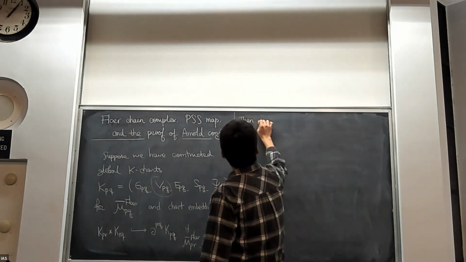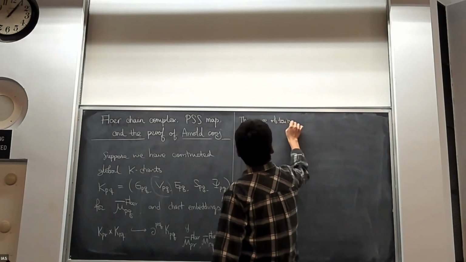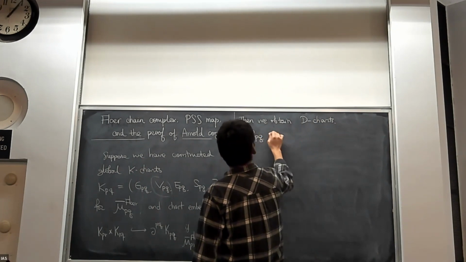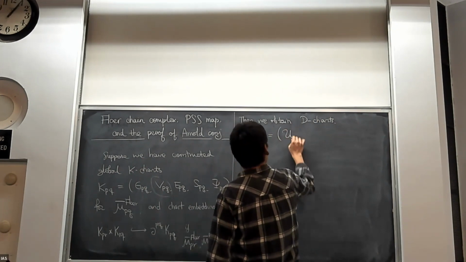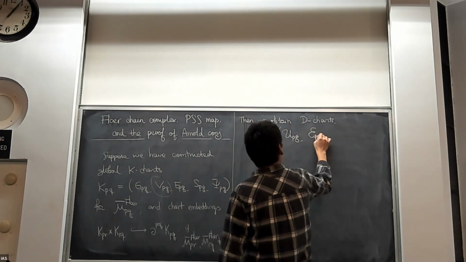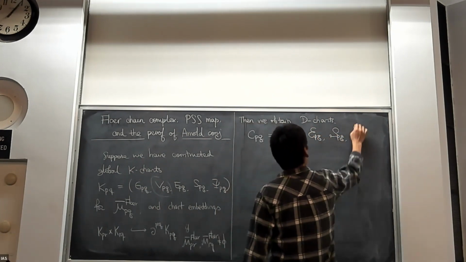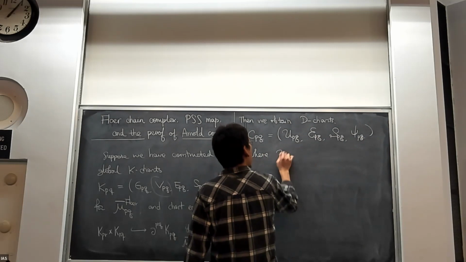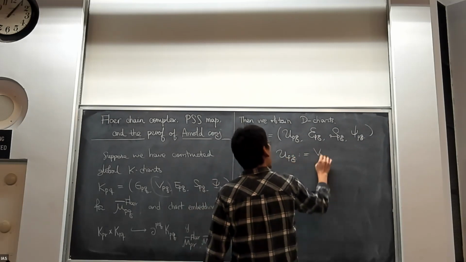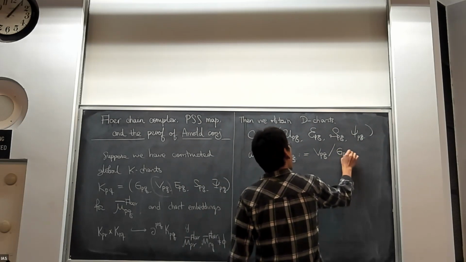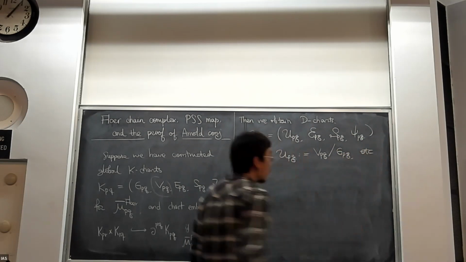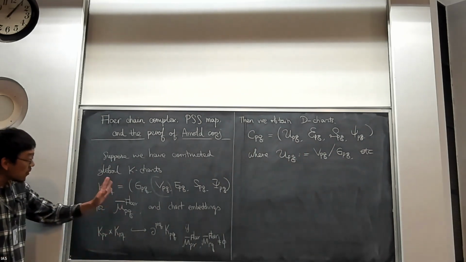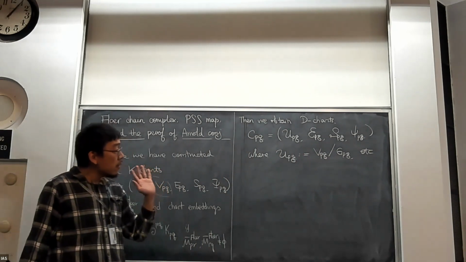Then we obtain charts, let's call them C_PQ, U_PQ, E_PQ, S_PQ, where we just divide by the group, and all the construction guarantees that the stabilizers are at most finite.